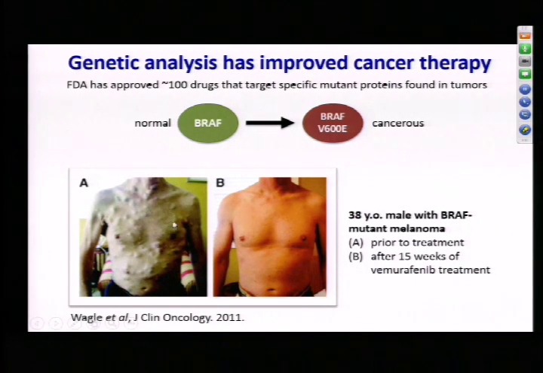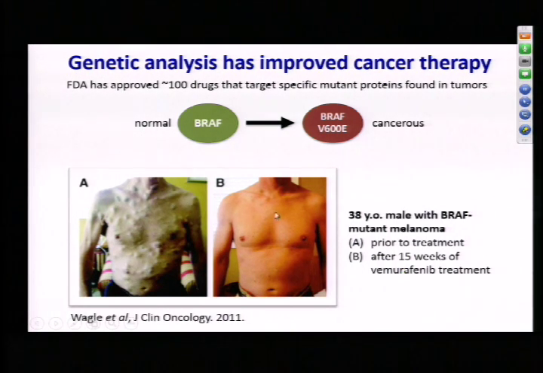outstanding results. So here is a patient, a 38-year-old male with a BRAF positive melanoma. This is not a typical presentation for advanced disease, but this individual had all sorts of subcutaneous lesions, melanoma throughout the skin, so it's a very visual example of how remarkable the drug is.